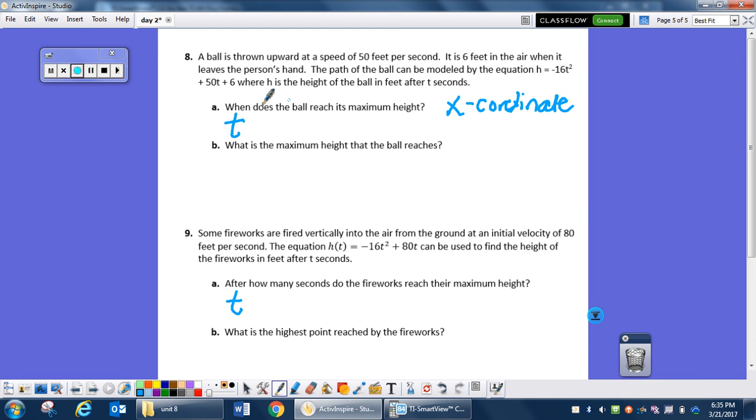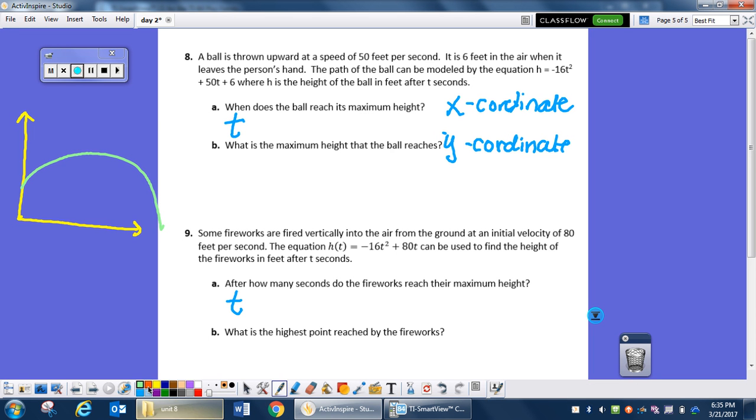And then the maximum height is going to be the y-coordinate of the vertex. Okay? Because in the real world, we would only be able to be in the positive because we can't have a negative time and we can't have a negative distance. So if you graph the parabola like this, it only has one maximum. So you're going to have to calculate that maximum, which is actually going to be the vertex. So instead of using our calculator here to do the maximum, we can now just use the vertex.